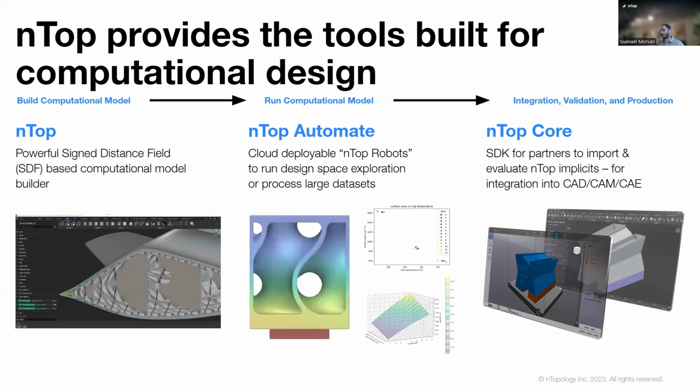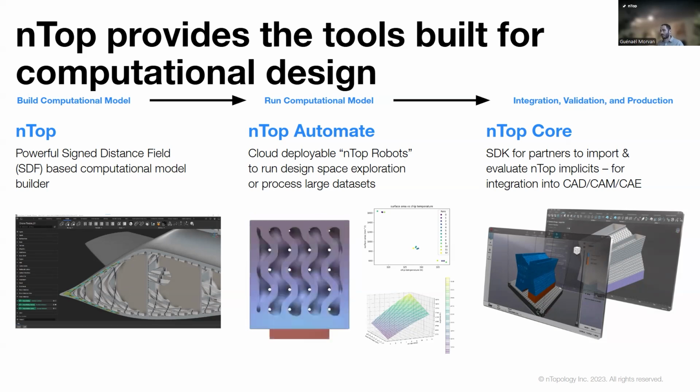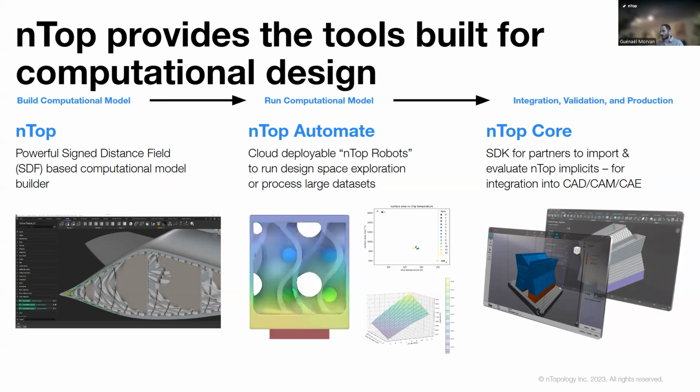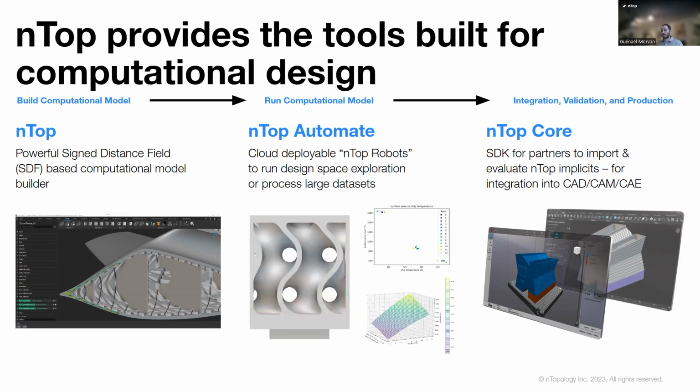And we will see later on an example that shows how nTop can be used in design of experiments or any type of design study. And finally, the ultimate step is to integrate, to validate, and to go to production. For that, we have nTop Core that enables you to export your design, but also integrate with different CAD, CAM, and simulation software.